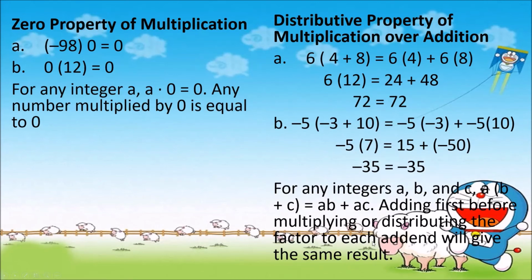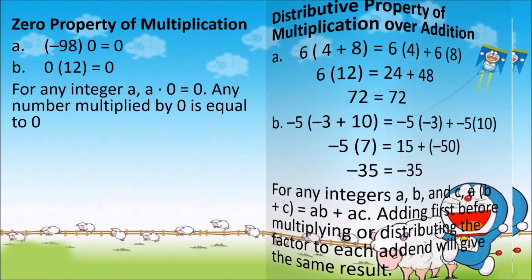So, nakita po natin ang illustration in both zero property of multiplication and distributive property of multiplication over addition. So, I hope maliwanag po ang tinatawag na zero property and distributive property of multiplication over addition.